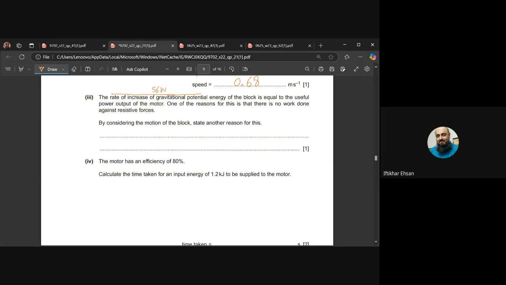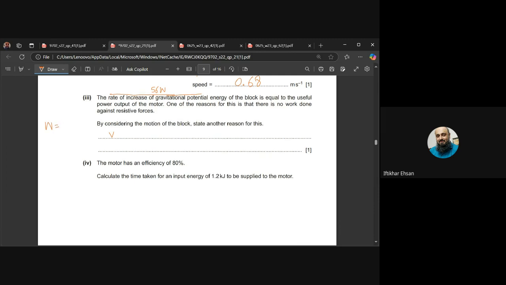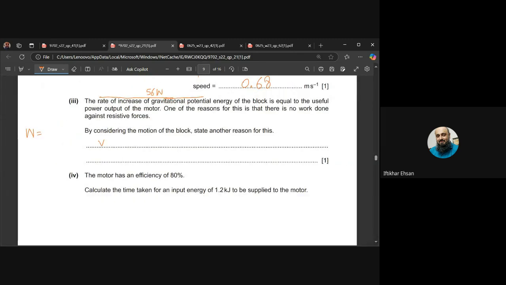One of the reasons for this is that there is no work done against resistive force, right? By considering the motion of the block, state another reason for this. Because the speed is constant. Usually whenever we do work, we have the work-energy principle. We use this in maths as well.